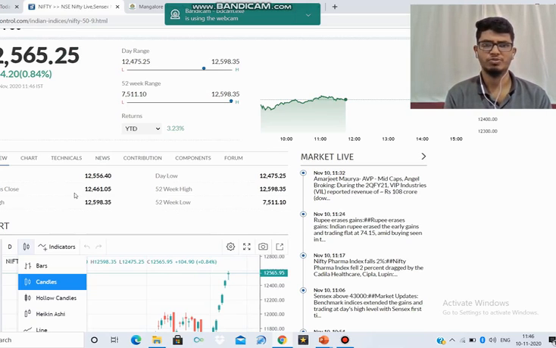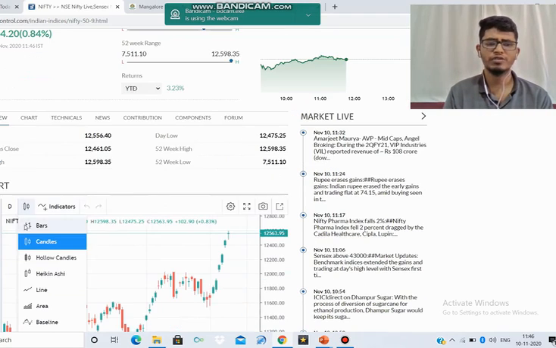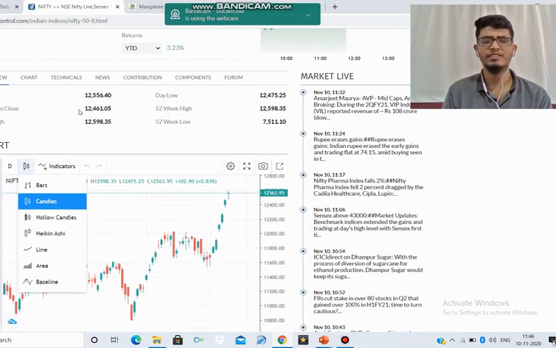The company may give a dividend, or there may be other announcements, some price sensitive information. If it is announced, then the prices will definitely change. Because of that effect, the previous day's close would not be the next day's opening price. This always happens in the stock market.